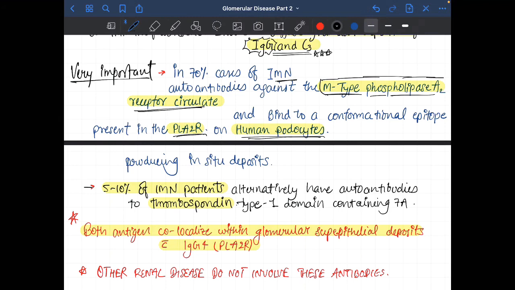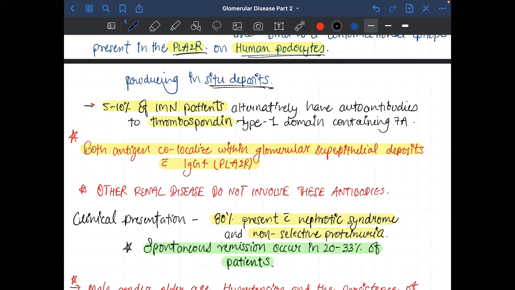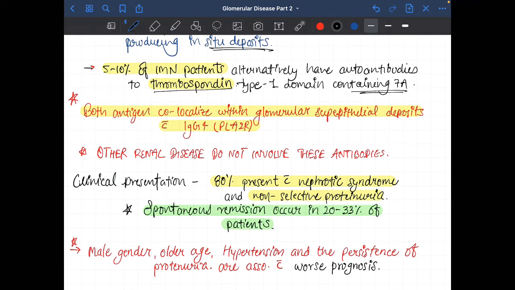So in the human podocyte this binds and it will thicken the basement membrane. Alright, that's why complications occur. 5 to 10% of IMN patients alternatively have autoantibodies against thrombospondin type 1 domain containing 7A. Both antigens co-locate within glomerular subepithelial deposits with IgG4 PLA2R. Other renal diseases do not involve these antibodies.